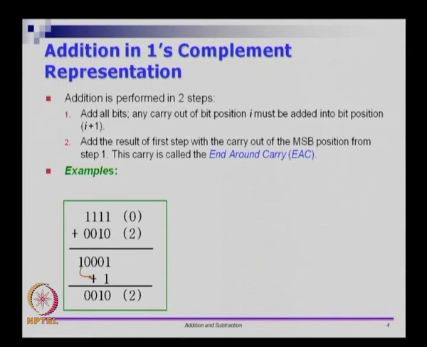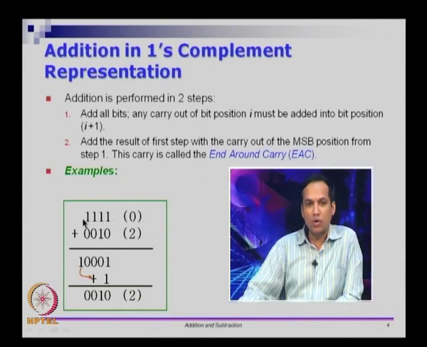So, let us look at, let us say, 1111. 1111 in the ones complement representation is number 0, this is actually negative 0, and if I want to add 0010, which is 2, then the way to add that is you add ignoring the fact that they are ones complement numbers, just add them as it is.